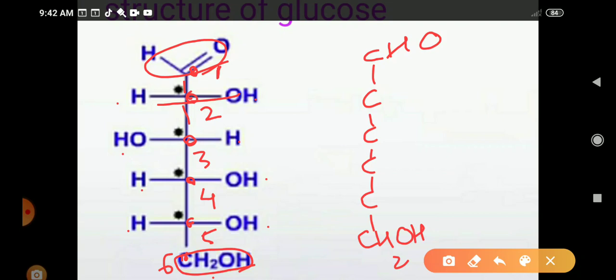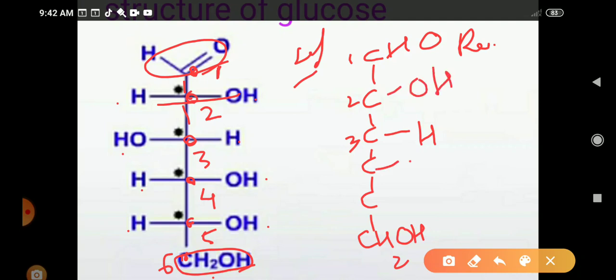Now count from here: first carbon, second carbon, third carbon. Now on the third carbon, on the right hand side, this is the right side and this one is the left side, you have to keep H, and on the rest of all the carbons, on the same right hand side, we have to keep OH, that is OH, OH.